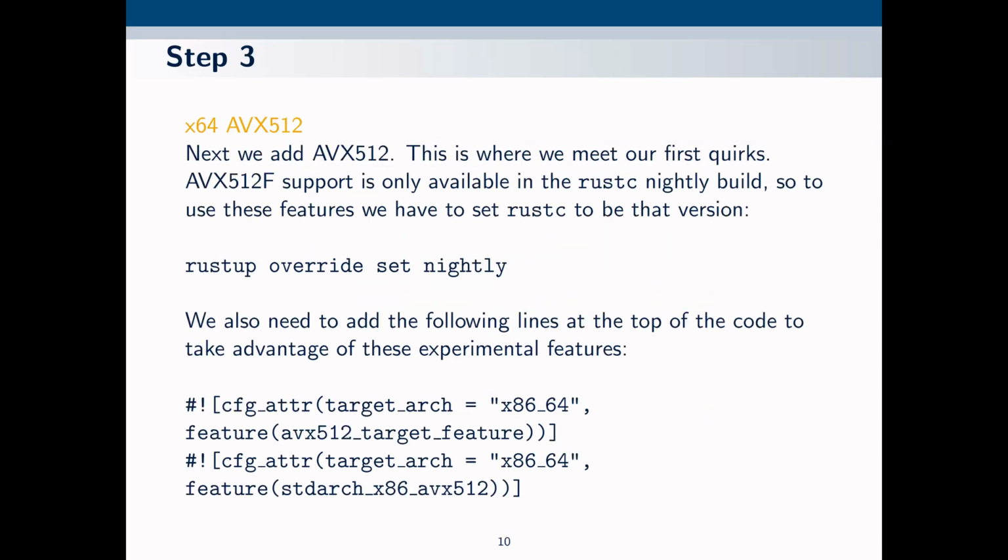So next up, AVX512. This is Intel's newer version of AVX. This gives us a 512-bit vector register, but it's not natively supported in the stable version of the Rust compiler. So we have to change our Rust compiler to use the nightly build and then add in these 2 lines here to say the features we're wishing to use in the nightly build.